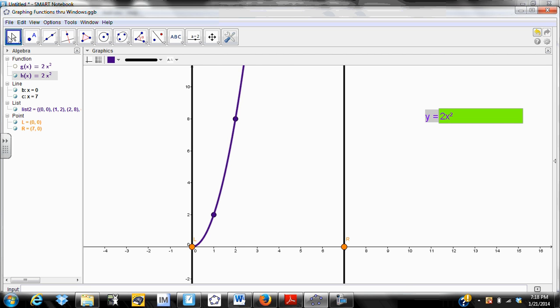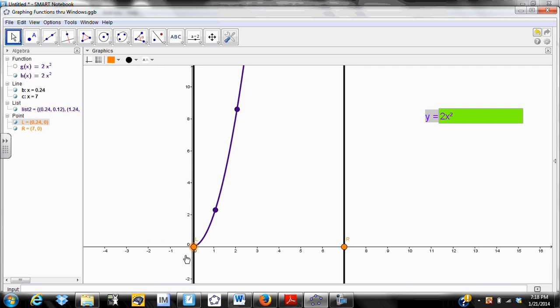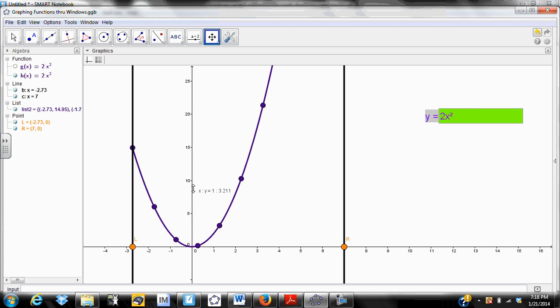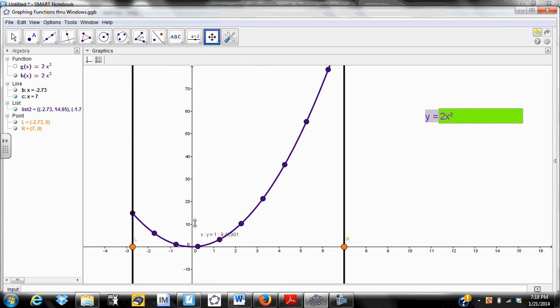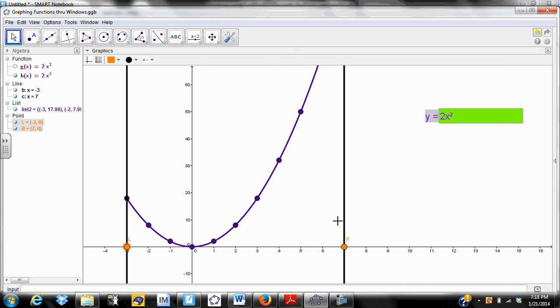But what's cool about this app is these lines that I put right here, the left and the right, are lines that, as I move them, you can see that it creates a window in which we can see data. So what I have right now is my graph of 2x squared, and we're looking at a domain between -3 and 7.